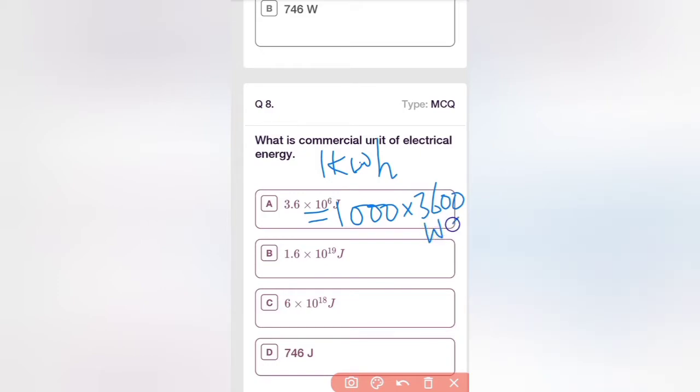So we have watt seconds, that is joule. 1000 into 3600 can be written as 36 into 10 to the power 5 joule, and this can be written as 3.6 into 10 to the power 6. So option A is the correct answer.